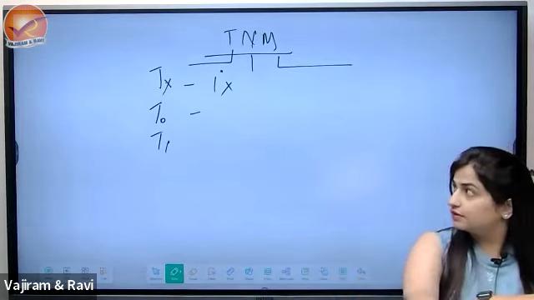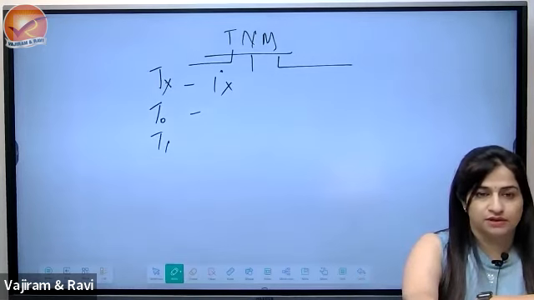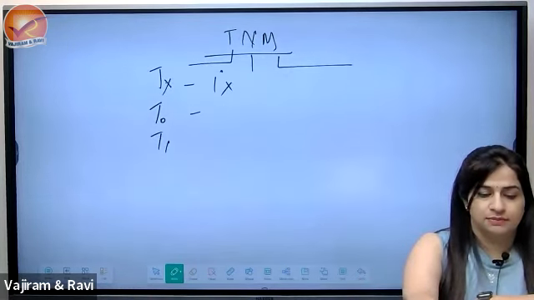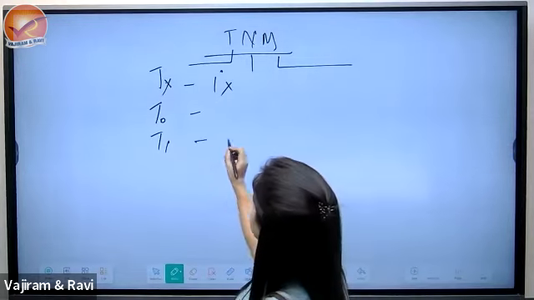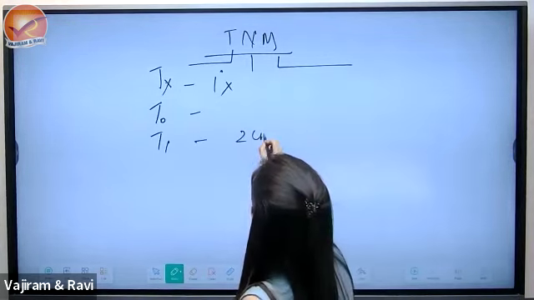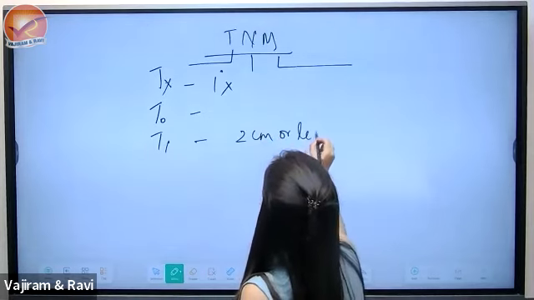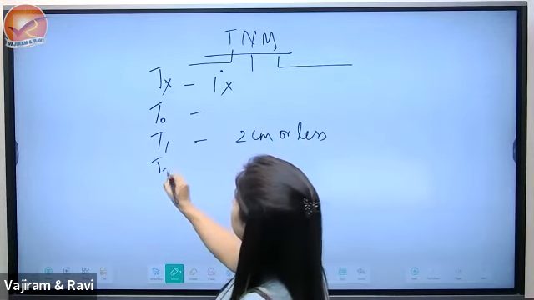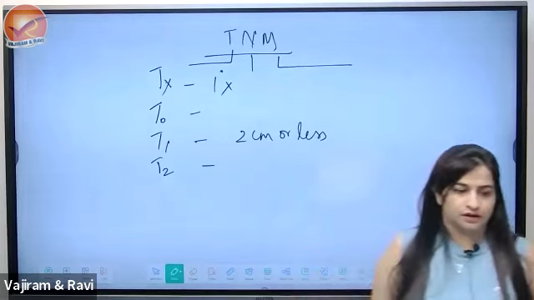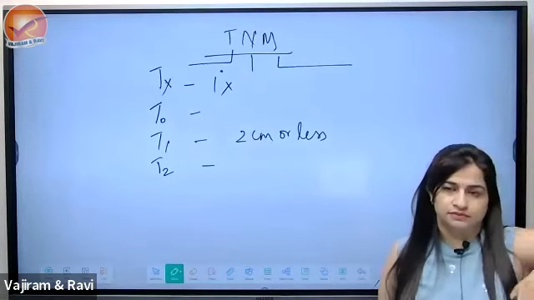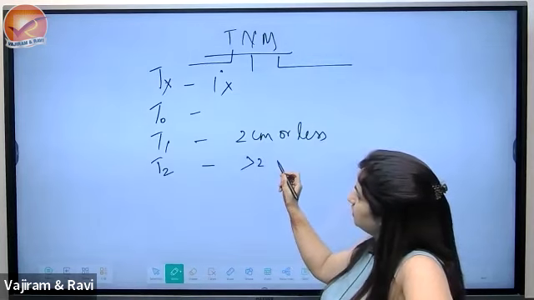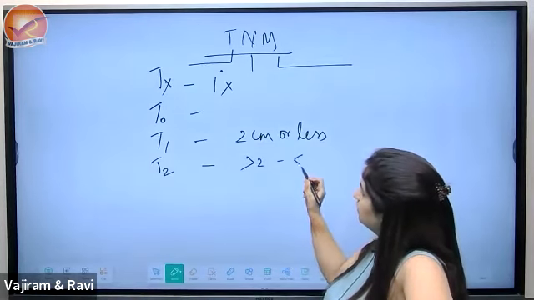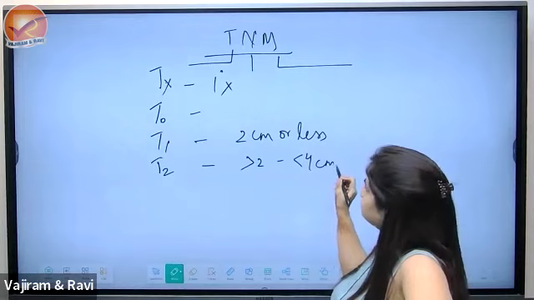T1 is the tumor is limited to thyroid and is 2 centimeters or less. Then T2, again limited to thyroid and is more than 2 centimeters to less than 4 centimeters.